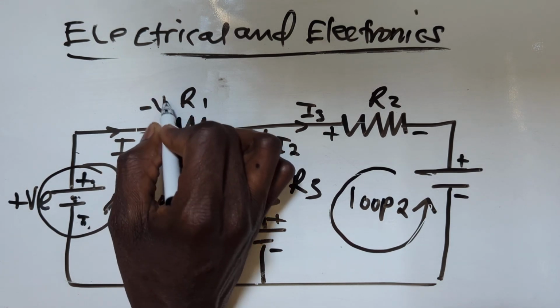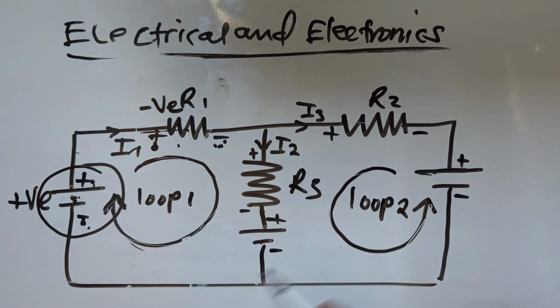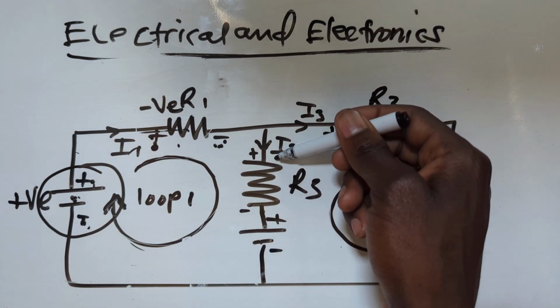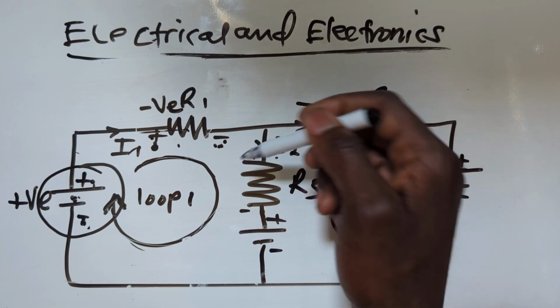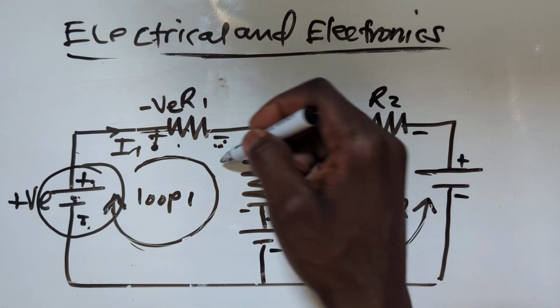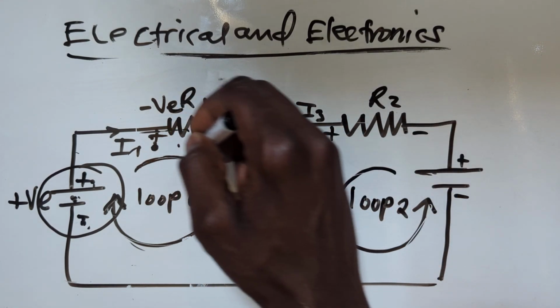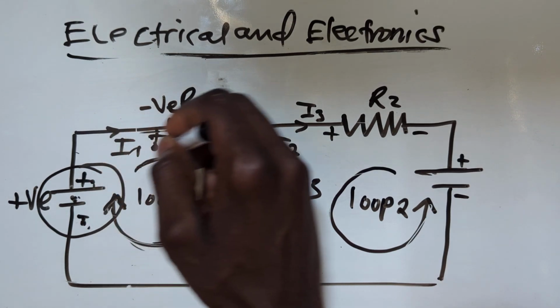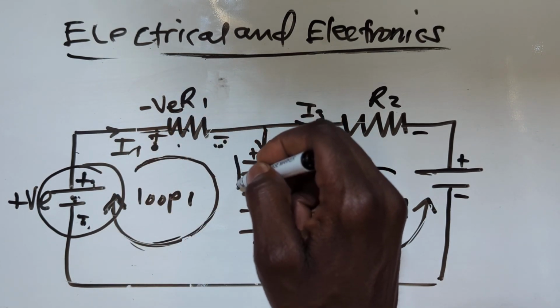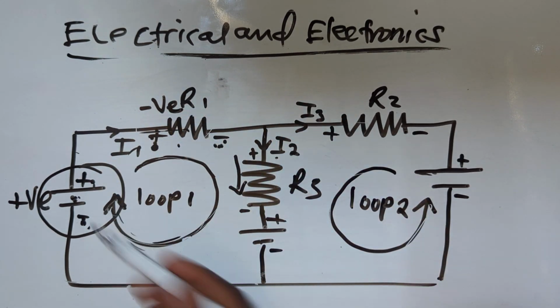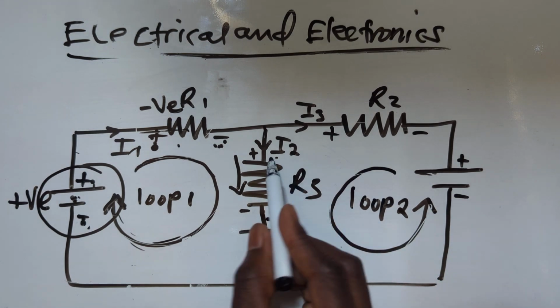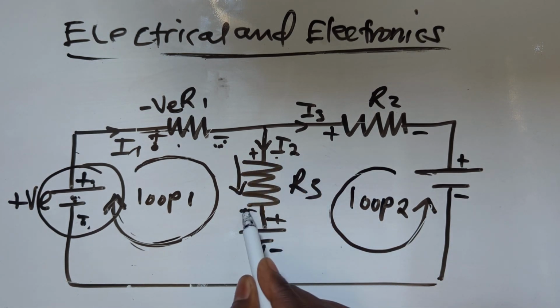Here we are going to have a negative voltage across this. If you come here, we are moving in the same direction as the current. You keep moving until you come here, going in this given direction because we are using a clockwise manner. So we are moving from positive to negative.